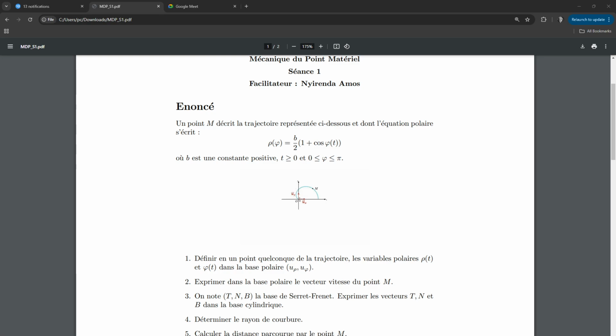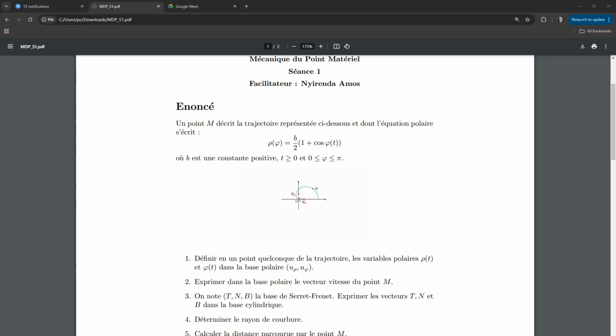So b and then phi point and then cosine phi divided by 2 dt. This is what we have. Now this is the integral between some t1 and some t2. Remember that phi point is the derivative of phi with respect to time. So here you have cosine phi and then dt.